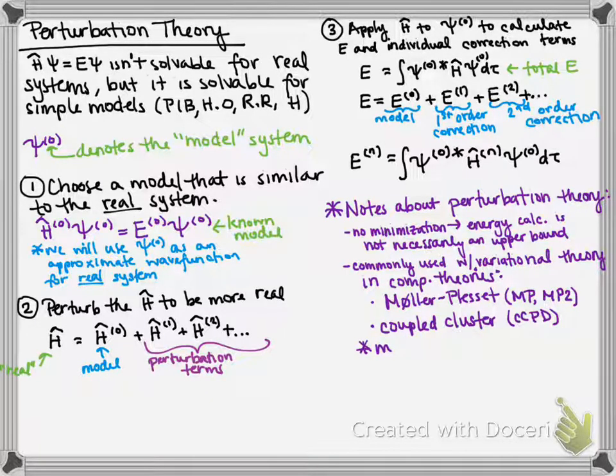MP2 is called Moller-Plesset theory, and CCPD is a coupled cluster theory, a specific coupled cluster theory. These are very complex and computationally expensive calculations where we're actually mixing perturbation theory and variational theory to give us a better answer. And so again, these are much more expensive, and we don't normally use them because our chemistry server can't handle them very well.